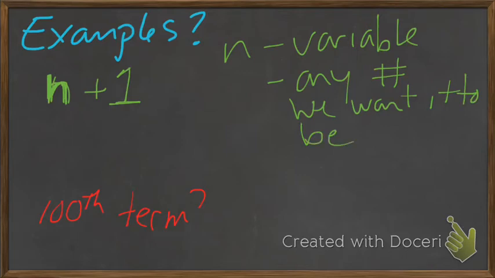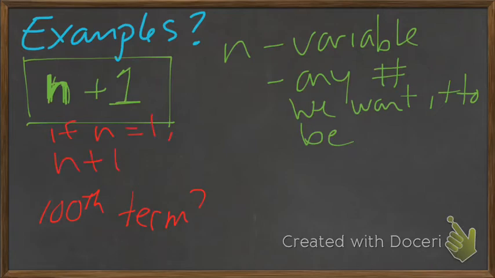So if I gave you this rule, this pattern, n plus 1, you would tell me, well, your first value, if n equals 1, n plus 1, and we sub in 1 for n, 1 plus 1 equals 2. I'm going to erase that, and I'm going to say if n were to equal 2, n plus 1, but we'll make n equal 2, 2 plus 1, that would equal 3.